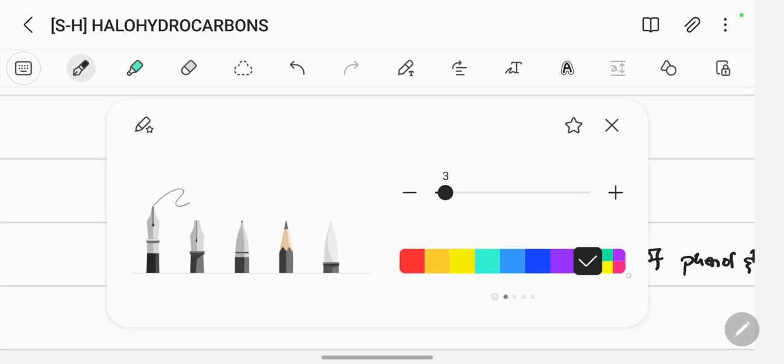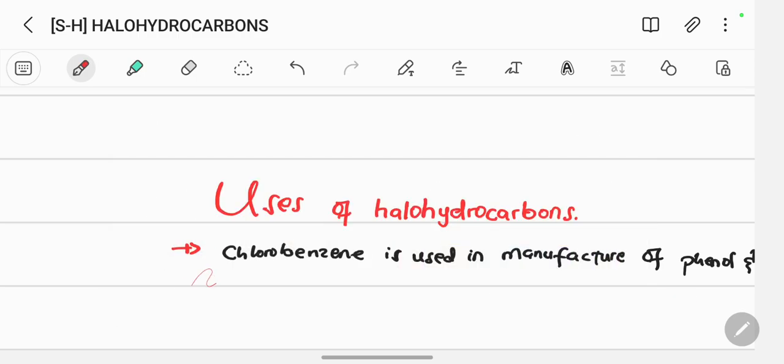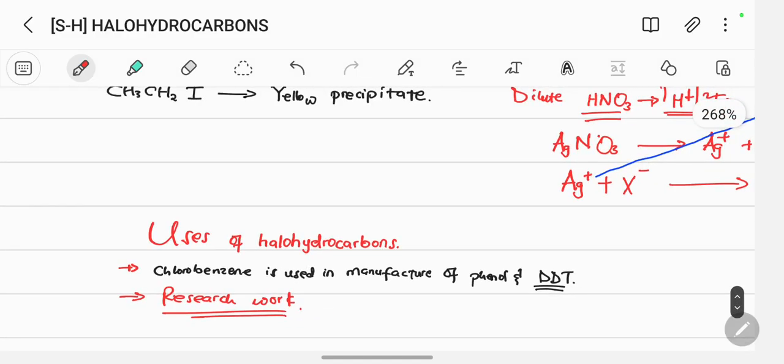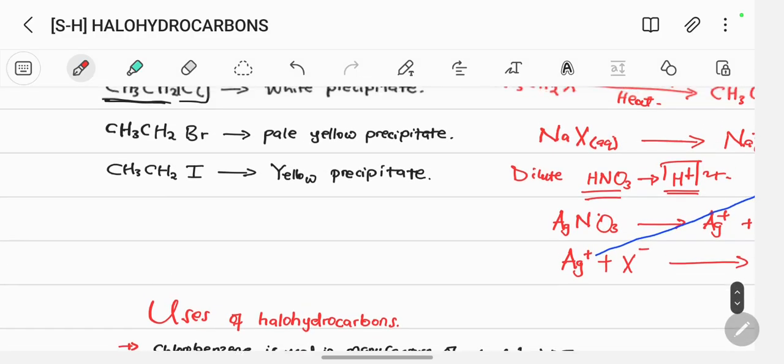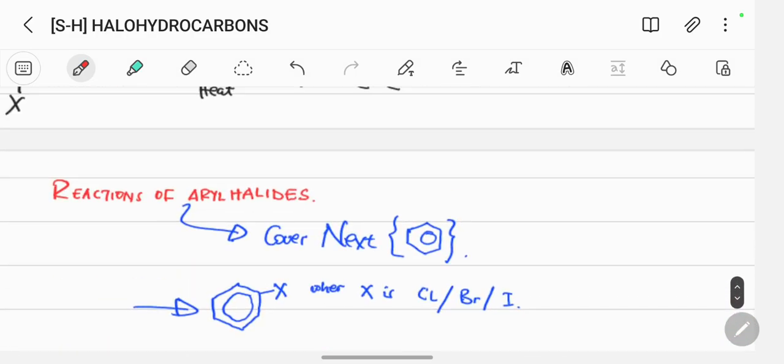I'm going to leave this as your research. This one is research work. Look for the uses of these halohydrocarbons. So this is what we've covered for today.